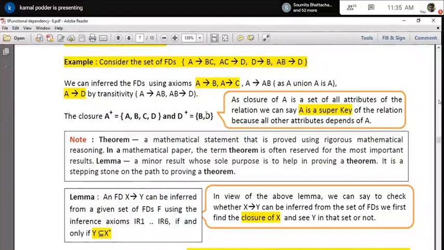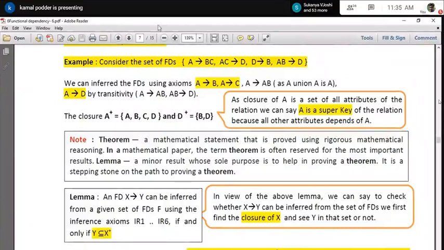But in this case, I have seen D plus, the closure of D, and this closure set contains only B and D. That means only B and D depend on D. It is not representing all attributes, so all attributes are not dependent on D. So I cannot take D as a super key.